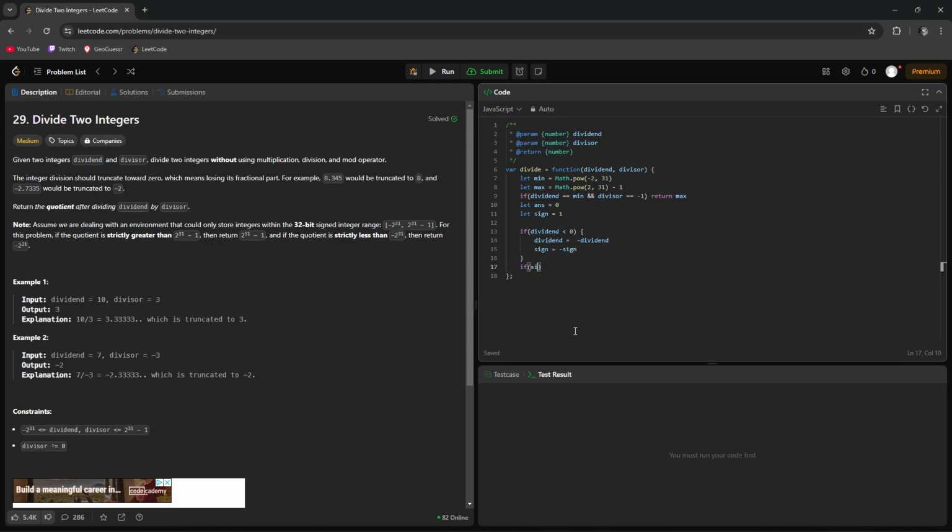And if the divisor is negative, then likewise. So we're just making them positive here, and then we'll reverse the sign at the end.